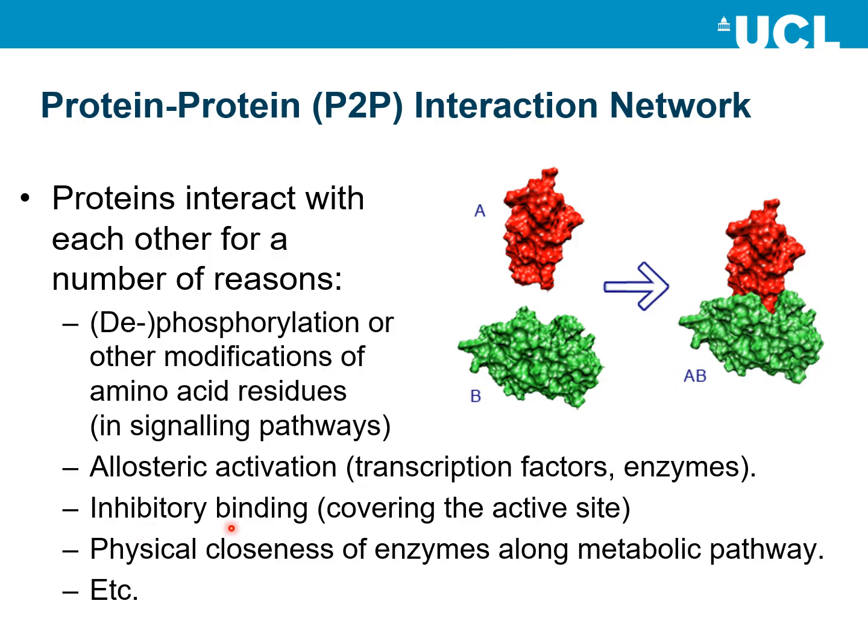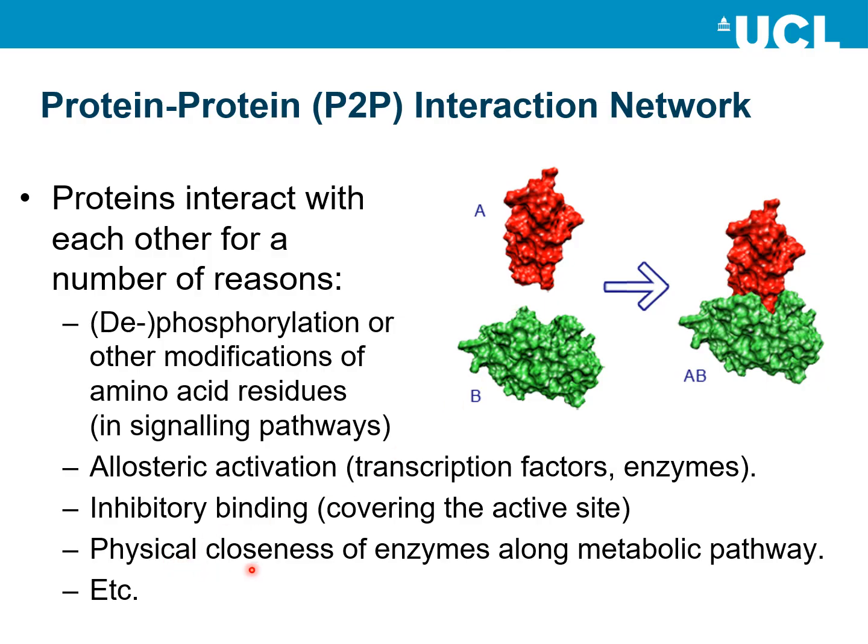It might be inhibitory binding. This is the active site that turns glucose into glucose 6-phosphate, and this other protein binds to cover up the active site and act as an inhibitor of that metabolic process.